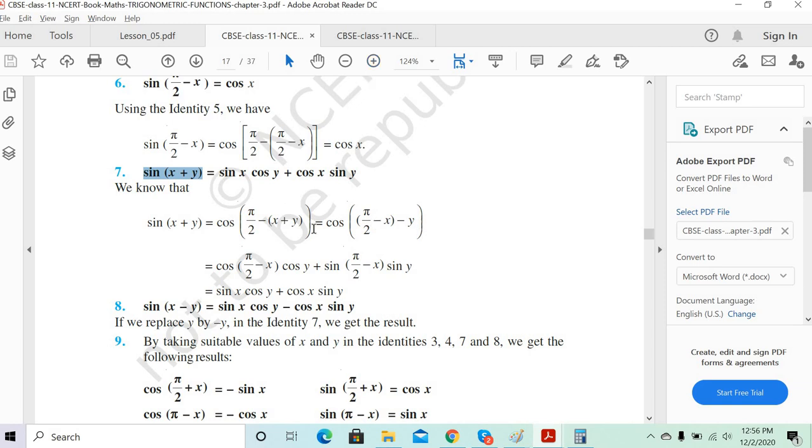So now we expand at this stage, right? Yes, now you can expand in this stage.